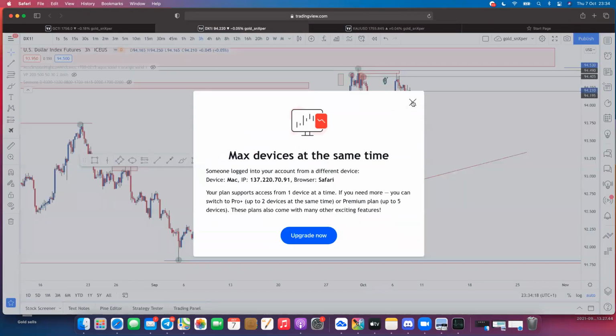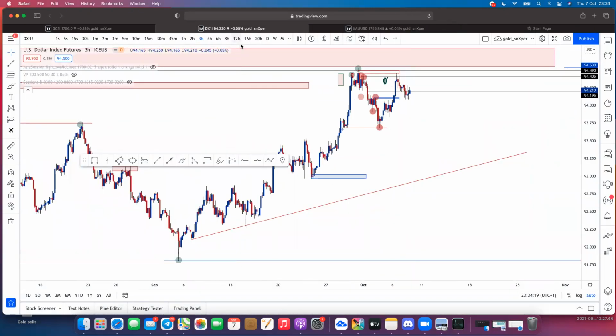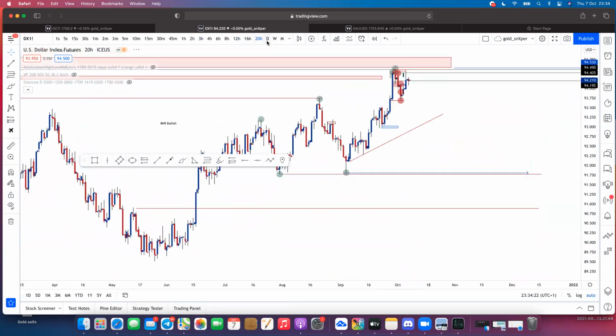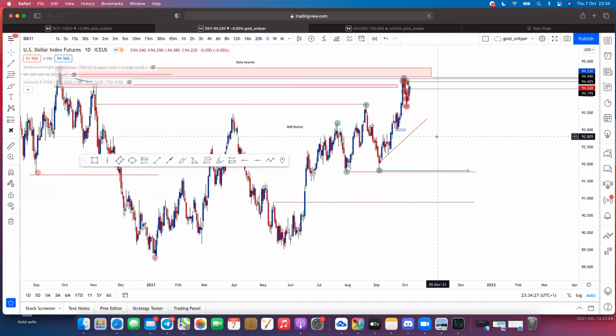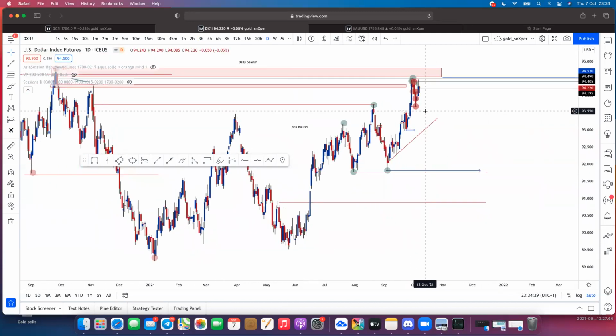We also know Dixie is at a demand zone, and its daily is still bearish. We come in to fill that area, so Dixie could crash hard tomorrow.